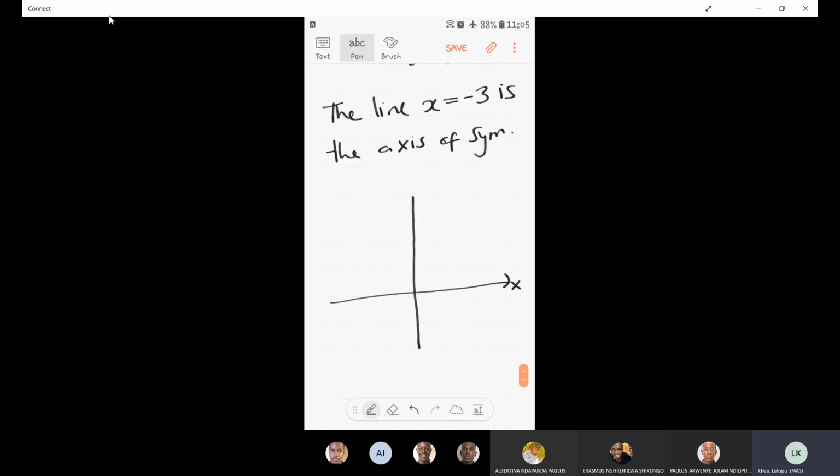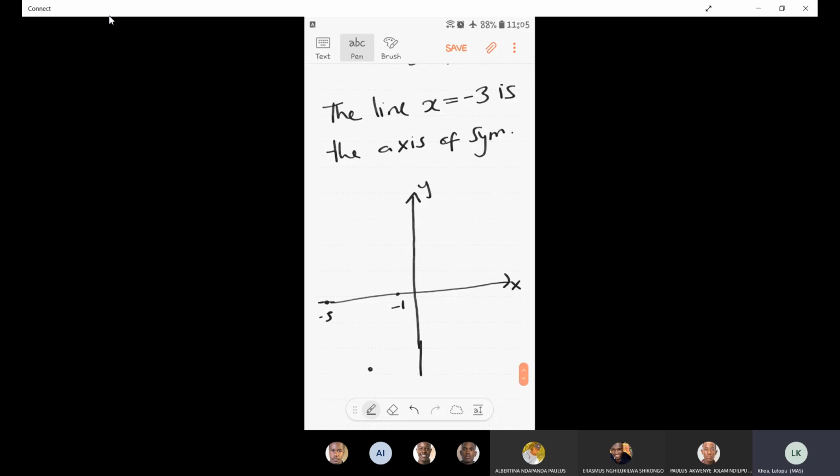So this is my x-axis, my y-axis. Those are clearly labeled. Then I plot my x-intercept. So the first one is minus 5. The second one is minus 1. Then my minimum turning point was at minus 3, minus 4.